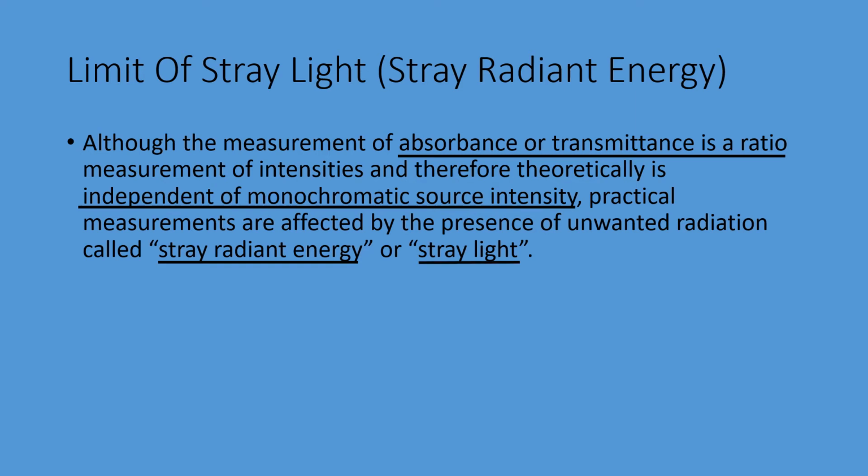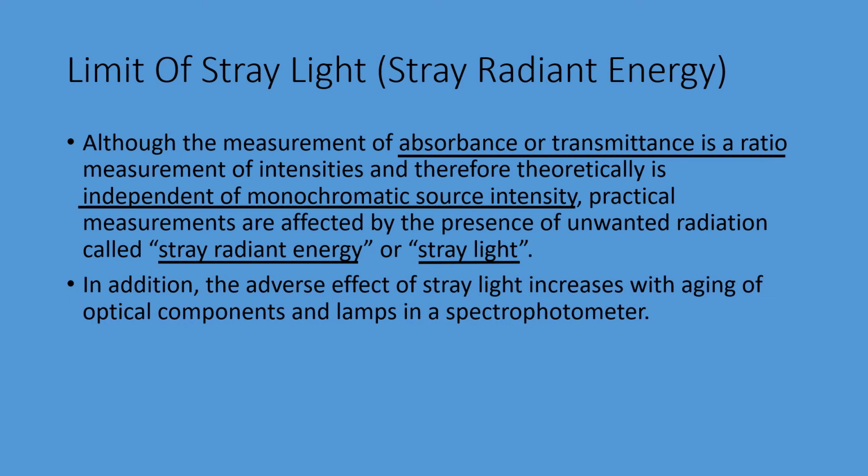Stray light is similar to unnecessary scattered light that is neither absorbed by the matter nor transmitted out. Although the absorbance is independent of source intensity, it is important to know that the stray light affects the measurements significantly.